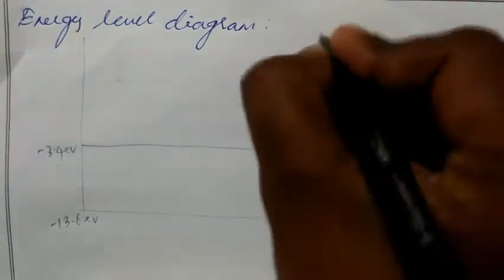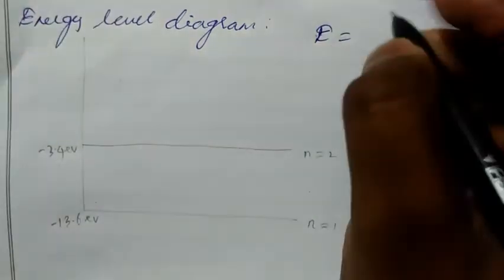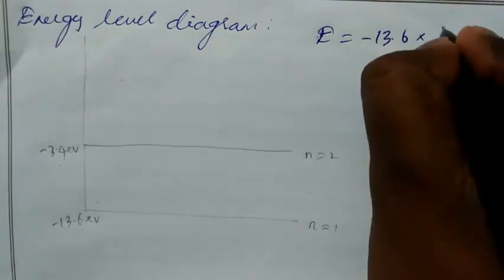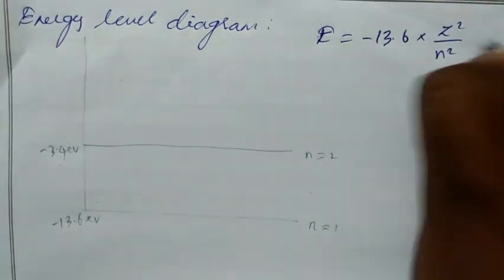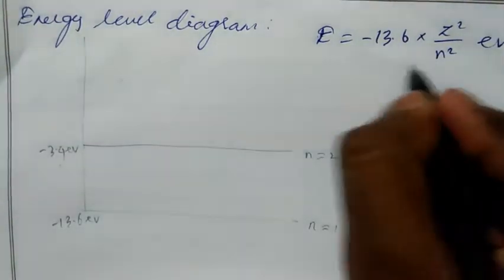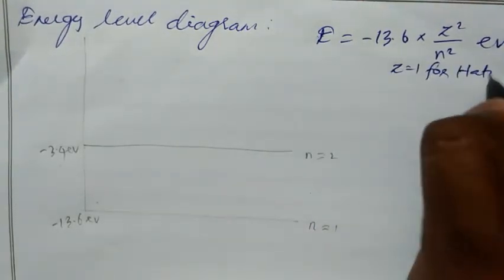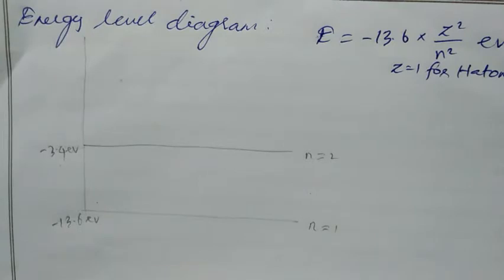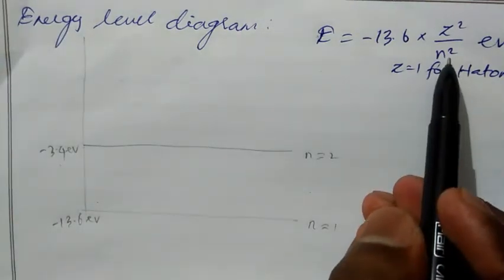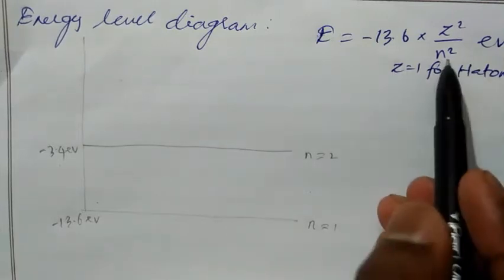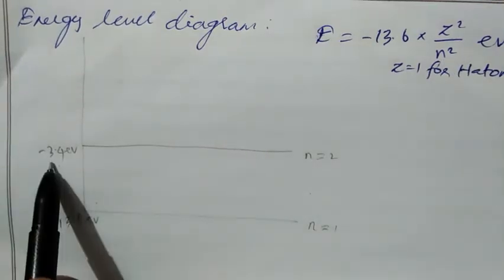So the general equation is energy equal to minus 13.6 into Z square by n square electron volt, and here Z equal to 1 for the hydrogen atom. So for the first orbital, the ground state, you have minus 13.6. If we substitute 2 here for the second orbital, then we have minus 3.4.